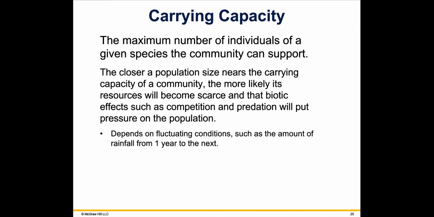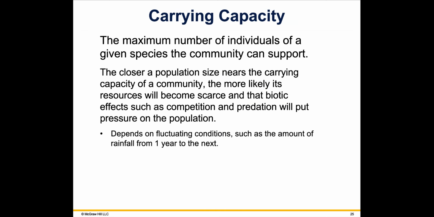So again, the carrying capacity, represented by the letter K, is the maximum number of individuals of a species that can be supported. The closer the population size is to the carrying capacity, the more likely we are feeling the resources limit the population size.